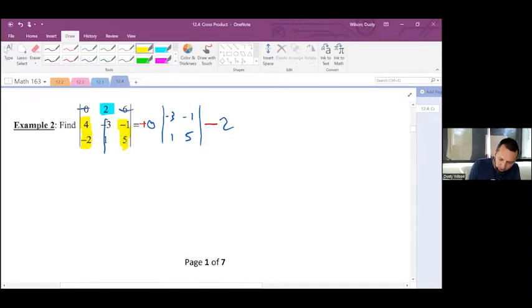And so we're going to multiply by a determinant made up of the stuff that's not crossed off: 4, negative 1, negative 2, and 5. Good. And then we're going to add. We keep moving across that top row. So notice we had the blue 0, the blue 2. Now we're going to have a blue 6.